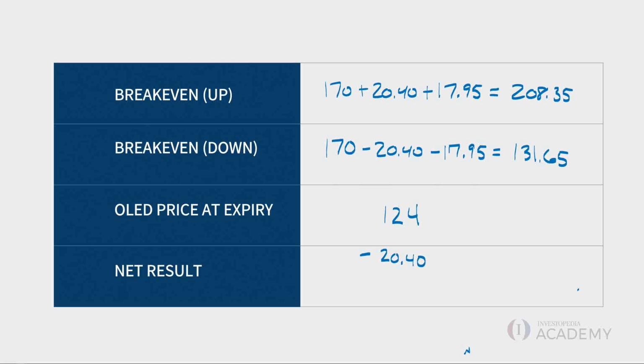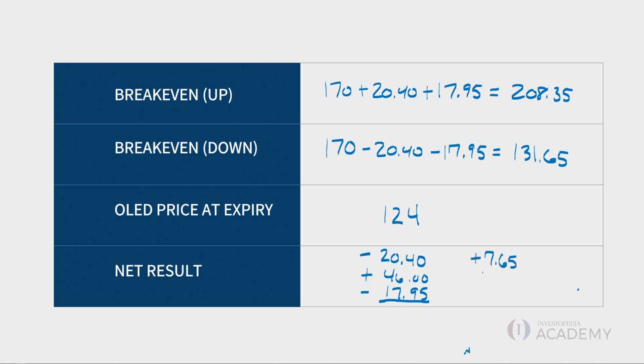So if you're long a 170 strike put and the stock goes to 124, you're going to make 46 points on the put. But don't forget, you spent some money for that put. How much did you spend? $17.95. If we sum all of this together, it's 7.65 that you make on the trade.